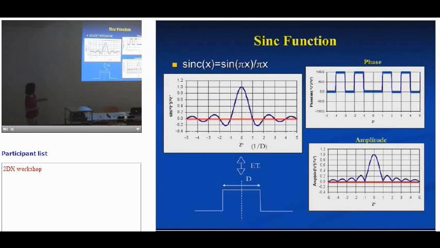Now, if we separate it out, you can see that this amplitude has a peak at 0, the middle of your box, and then it goes to 0 at 1 times 1 over d, and also at 2 times 1 over d, and also 3 times 1 over d, etc. Every time it reaches 0, it really is having a phase flip. So you will see that the phase changes by 180 degrees whenever it goes to 0. Okay.